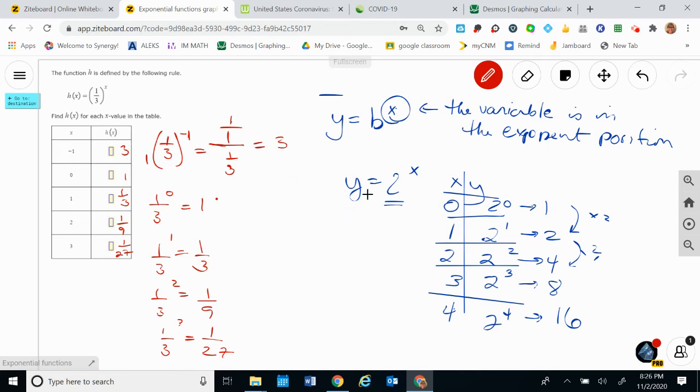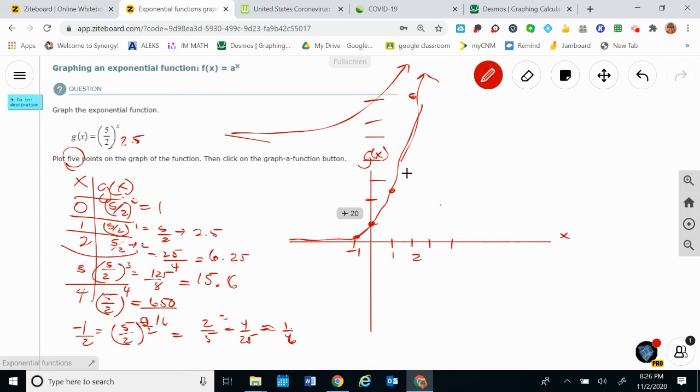Okay, and I didn't graph it. We didn't graph this one, so we didn't talk about this one. Okay, I did say that they go like this, but this is called exponential increase because it is increasing. There is also an exponential decrease.